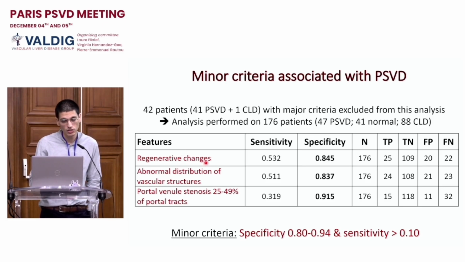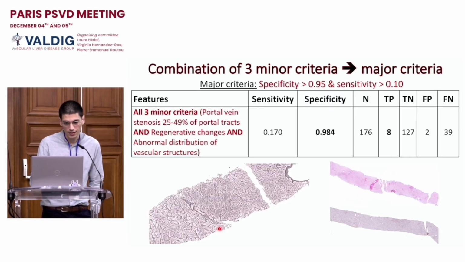So regenerative changes are kind of the incomplete NRH. Abnormal distribution of vascular structures is often a consequence of these regenerative changes, and the PV stenosis, but in fewer portal tracts. So we have kind of high sensitivity but low specificity, so it corresponds to minor criteria.